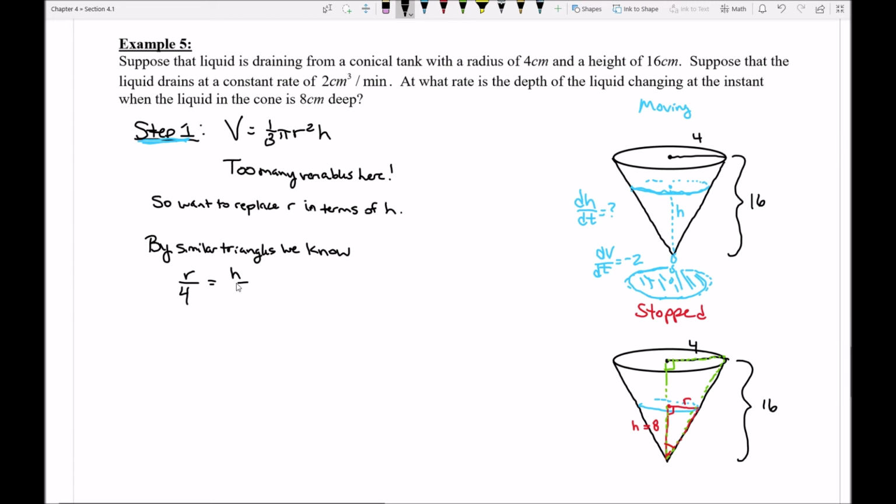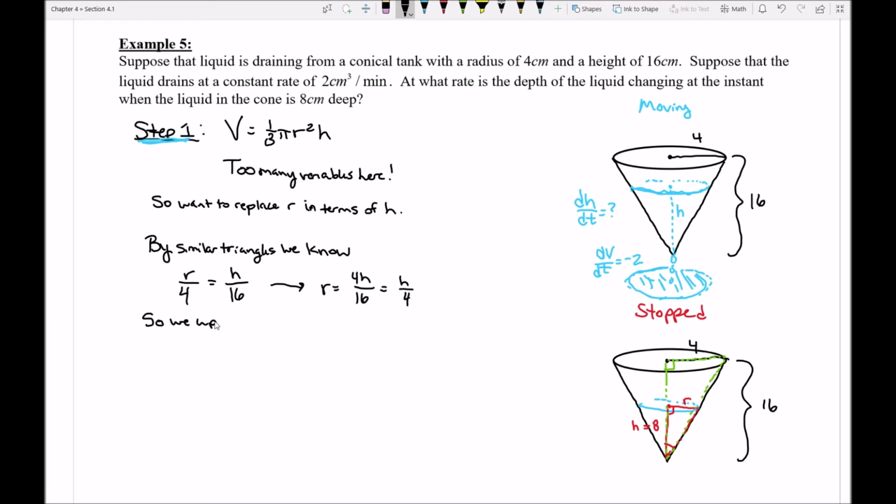And now I could see that I could compare that height to the height of 16, which is the overall height of the tank. Now if I go ahead and I rewrite this, notice that if I multiply 4 over to the other side, I'm going to get 4h over 16, which is the same as h over 4. So I have now actually found a way to rewrite r in terms of h's.